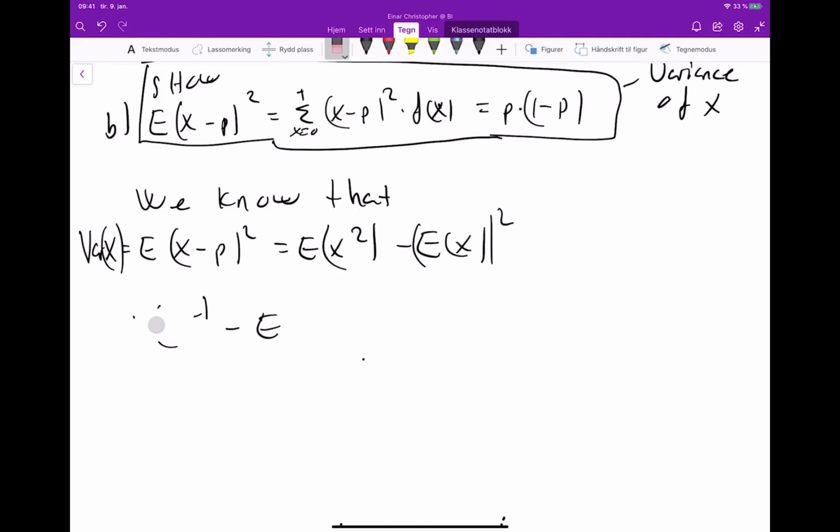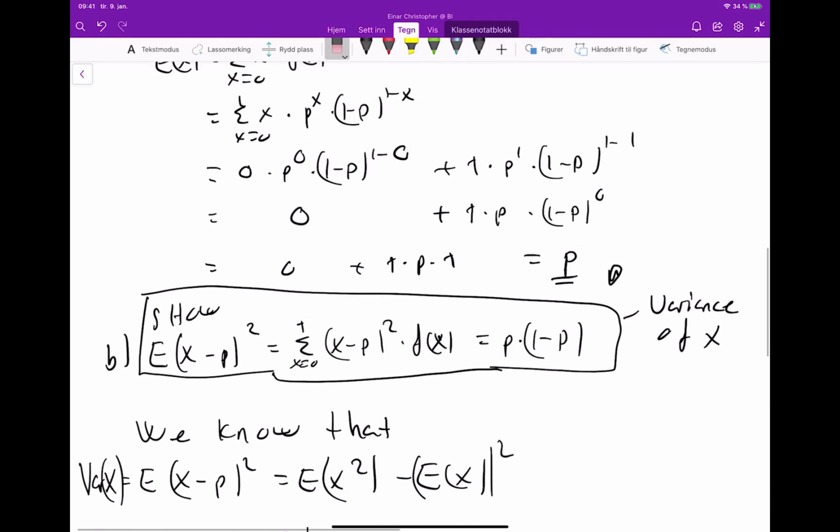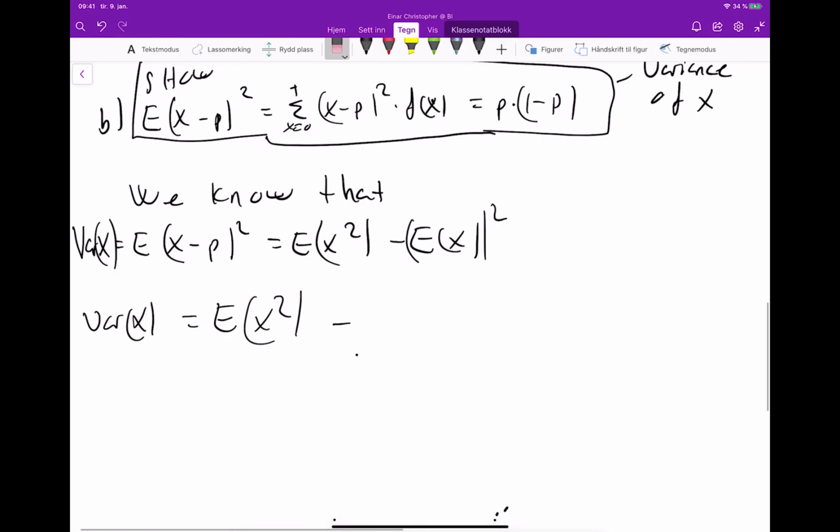Let me write var x equal the expectation of x in the power of 2 minus, and we know what the expectation of x is, because we have just calculated that, it's p, so it's minus p in the power of 2.